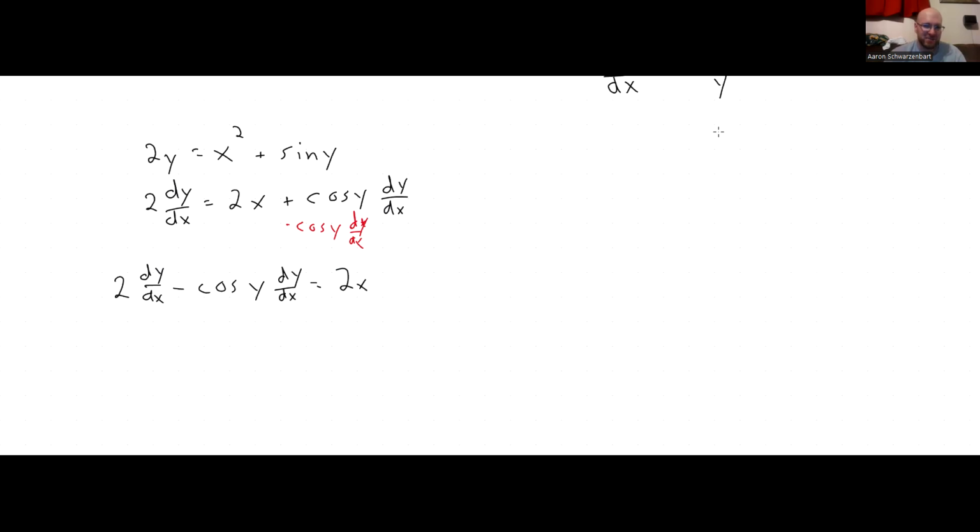I now can factor out a dy/dx, giving me (2 minus cosine y) equals 2x.